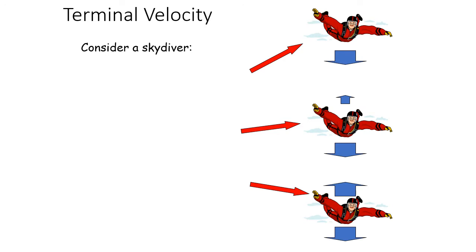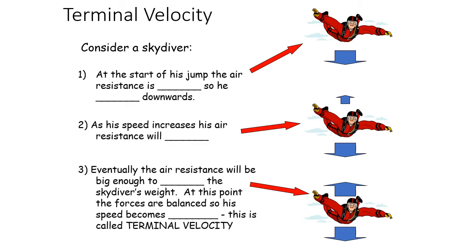That point is when the skydiver attains a constant velocity, and that velocity is known as the terminal velocity. You can discuss with your partners and come up with the blanks.